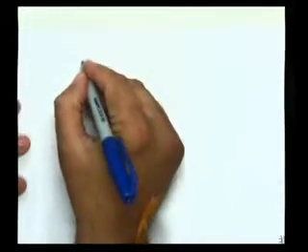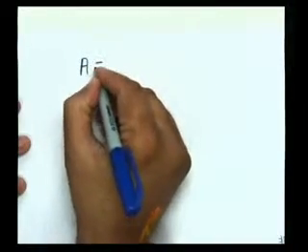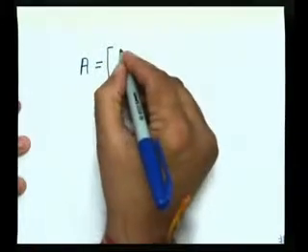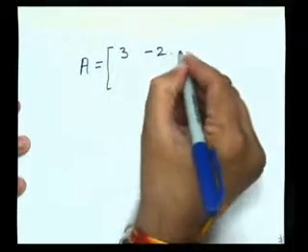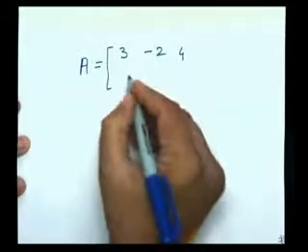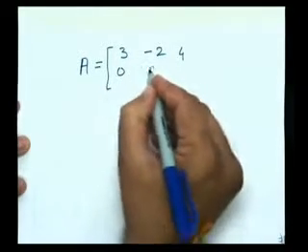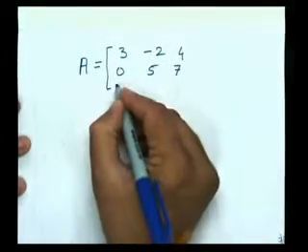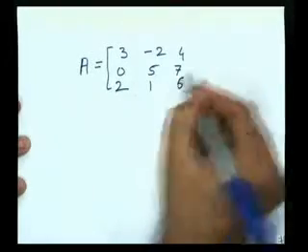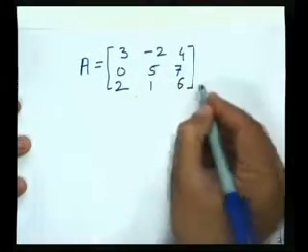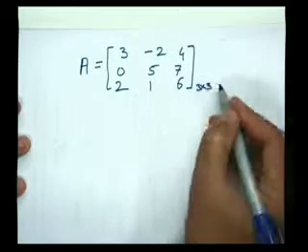That is, we have given A is equal to 3 minus 2 4, 0 5 7, 2 1 and 6. This is the given 3 by 3 square matrix.